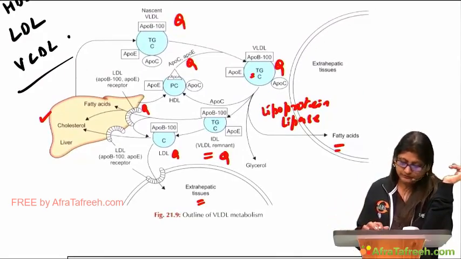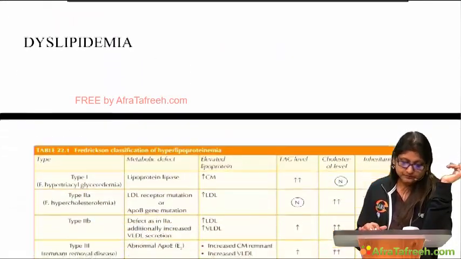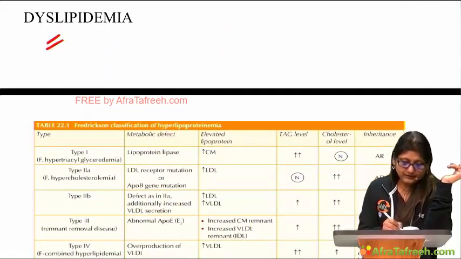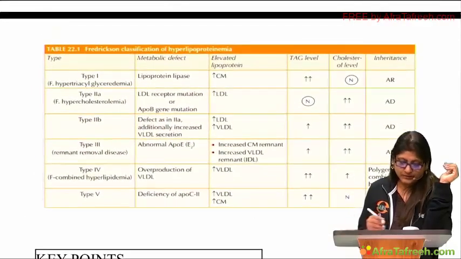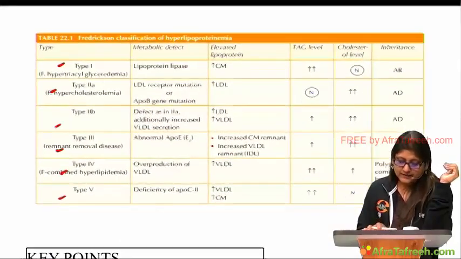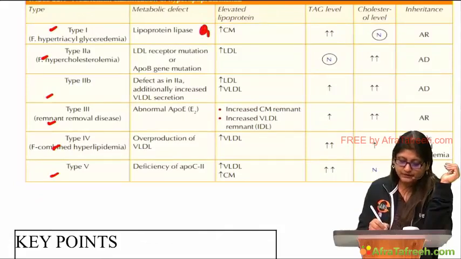Very good. Now coming to dyslipidemia, where the lipoprotein level is going to change in the blood. So you have these various dyslipoproteinemias, the type 1, type 2, type 2b, type 3, 4 and 5. And in this table, you mark the important defects which are responsible for these disorders.